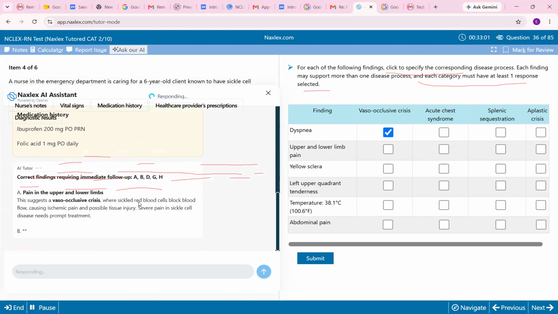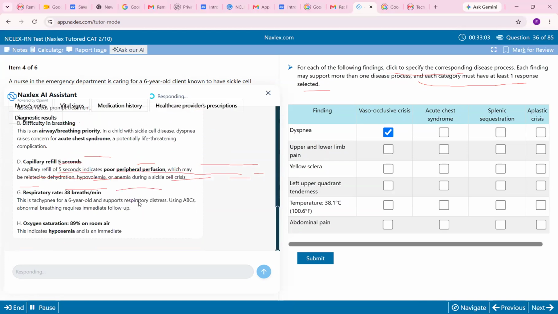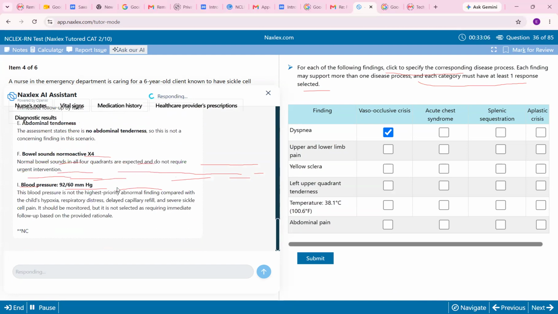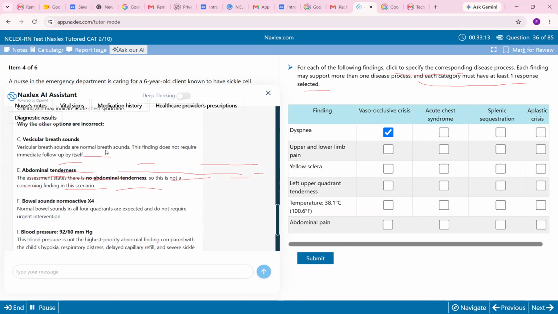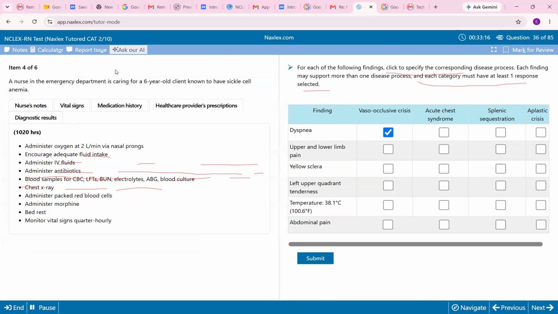Upper and lower limb pain will be vaso-occlusive crisis, acute chest syndrome, splenic. At least we have to select one response, right? Okay, for upper and lower limb, I can choose vaso-occlusive, acute chest syndrome, aplastic crisis.